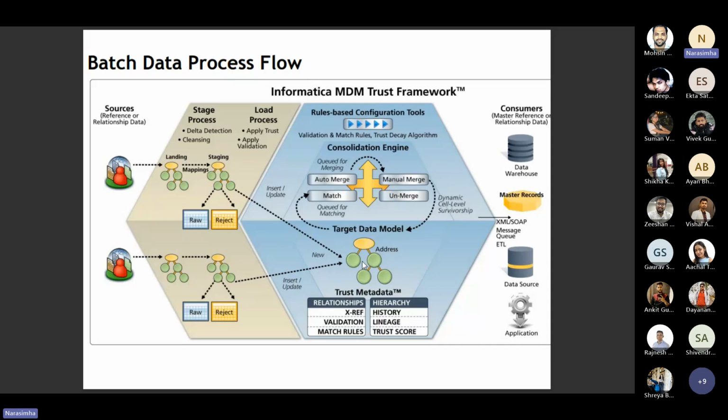That's what we can see in this diagram. So that's how one can understand the end-to-end data flow process that we need to follow within MDM. That's it about the data flow process.